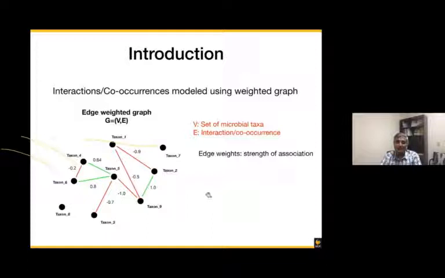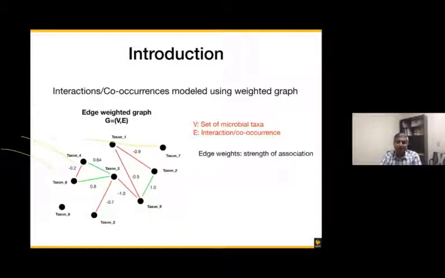There's an edge between two species if there is an association between them, either direct or indirect interactions. And the edge weight represents the strength of these associations. This is what I refer to as an association network.